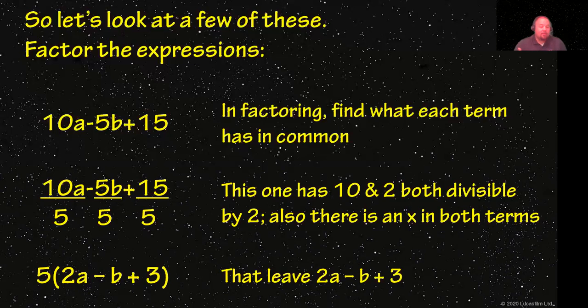It's just there for a place saver, but it's easy just to leave the B. That's usually what you see. And then the last one, 5 goes into 15 3 times, and that would be our final answer on that one. That leaves 2A minus B plus 3. So that's how we take out. We just saw what they had in common, and we went from there.